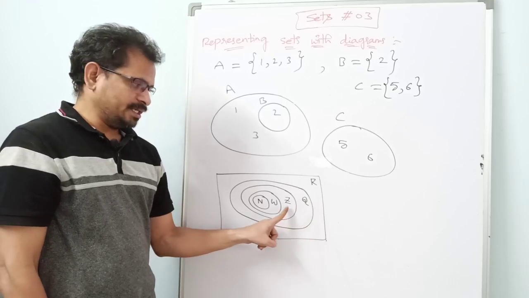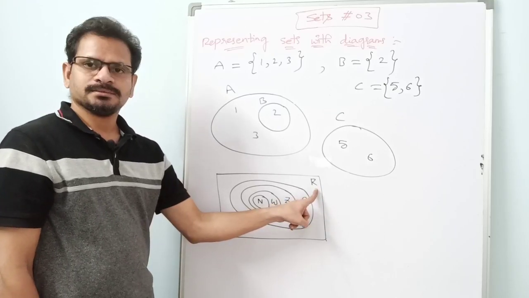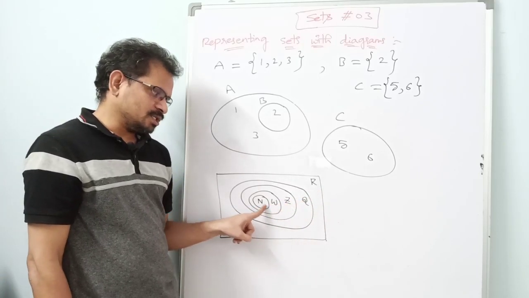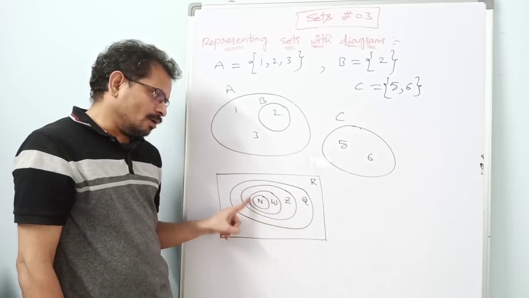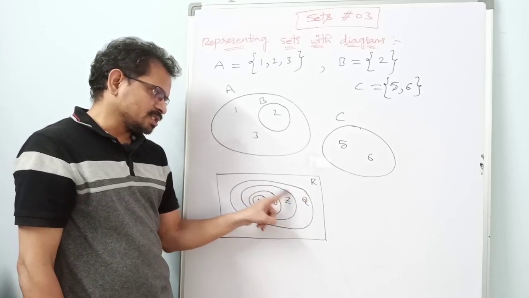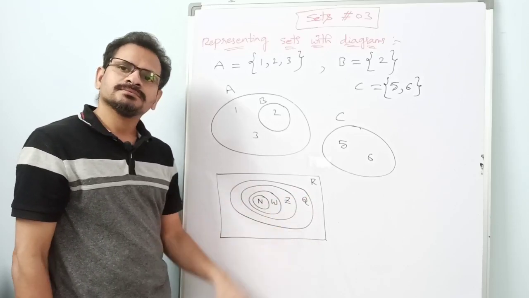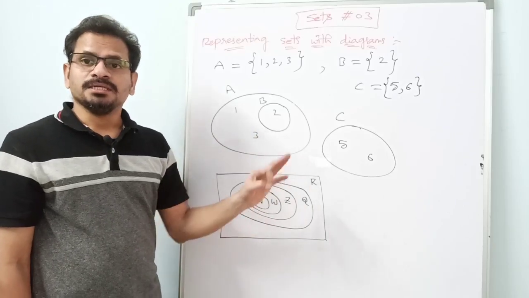Rational numbers, integers, whole numbers and natural numbers, all these are subsets. And what are subsets of rational numbers? This one, this one, this one: integers, whole numbers, natural numbers. So all these closed curves are present within the closed curve of Q. Got it? So, in this way, we can use diagrams.